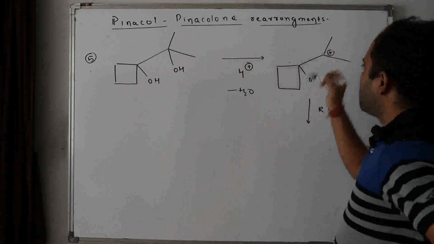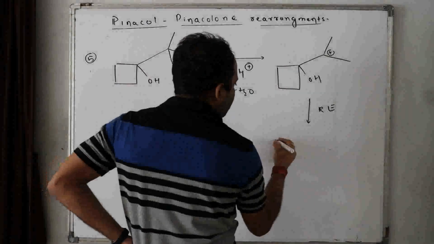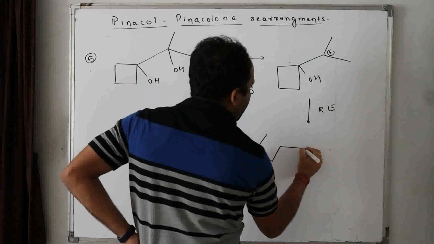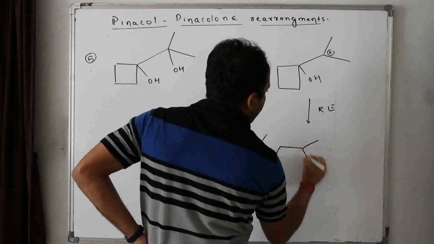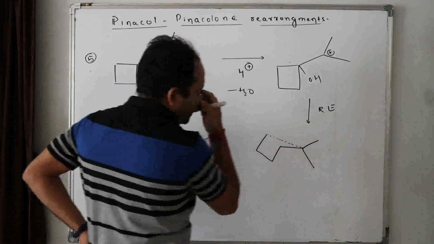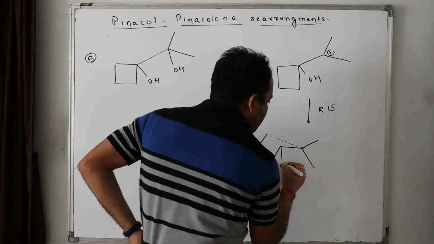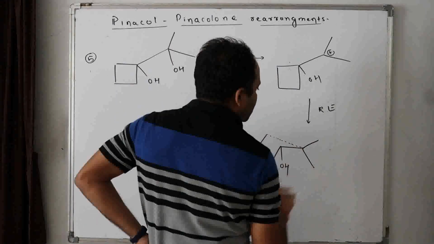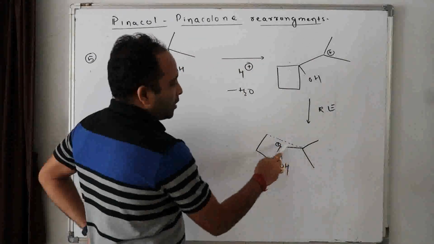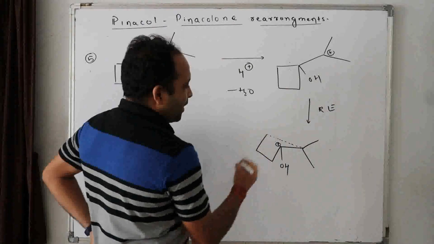This comes over here. This expands. Expansion. This becomes OH with a plus charge. Now this becomes what? 1, 2, 3, 4, 5 membered ring.